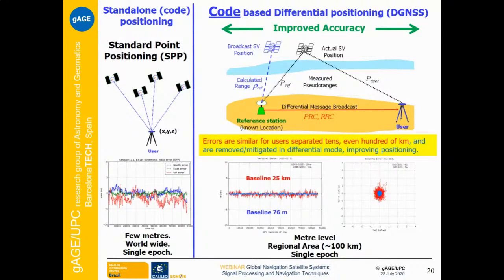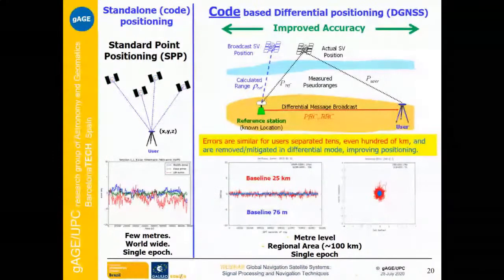The accuracy that we have with this differential GNSS is meter level. The coverage is regional. This mitigation of the errors is only valid up to 100 kilometers away from the station, but still we are in single epoch. So we can do the differential GNSS immediately. Well, we will see other techniques in the coming slides.